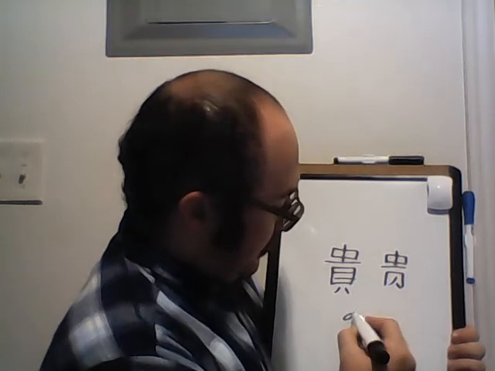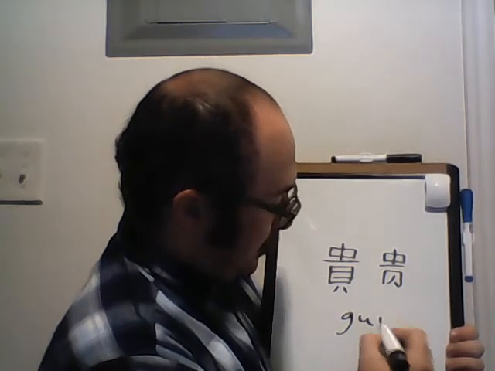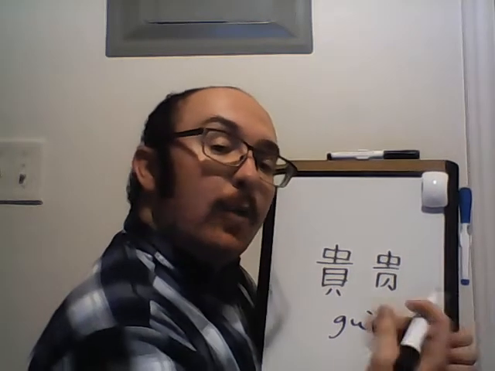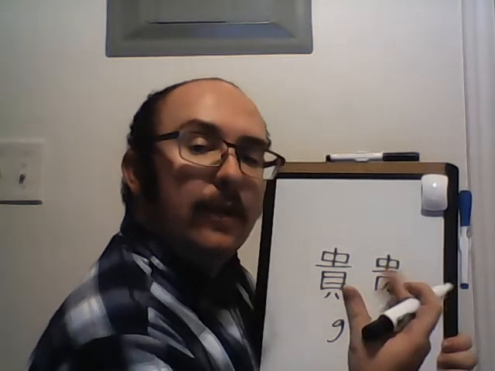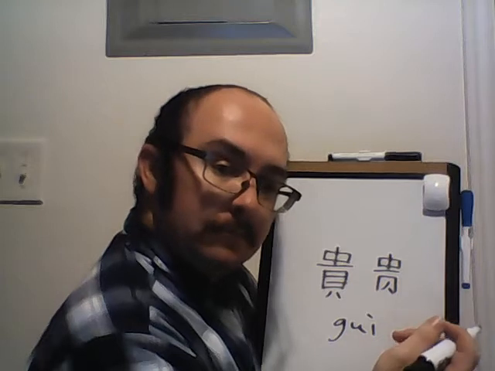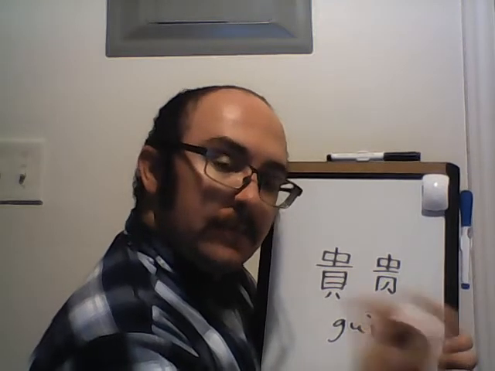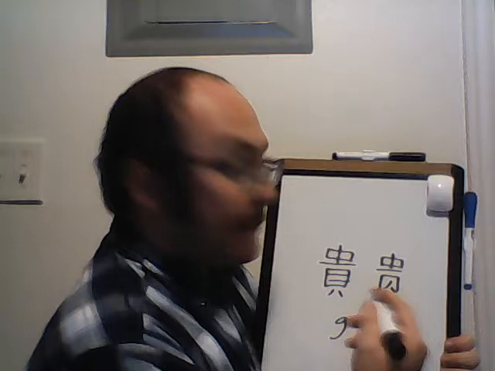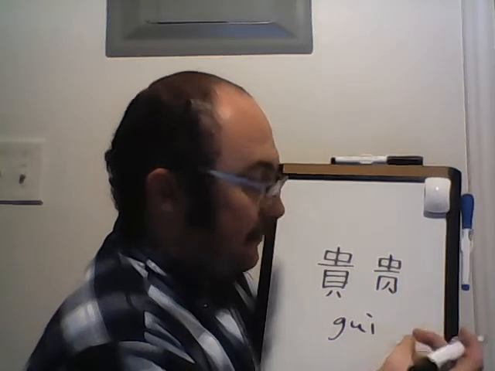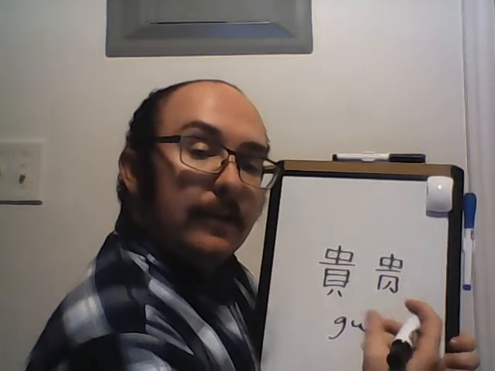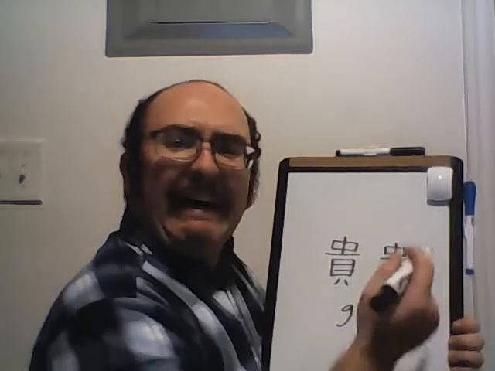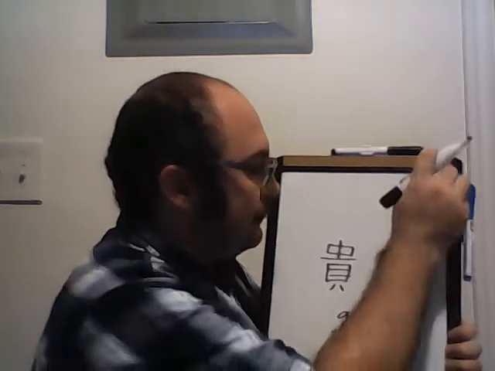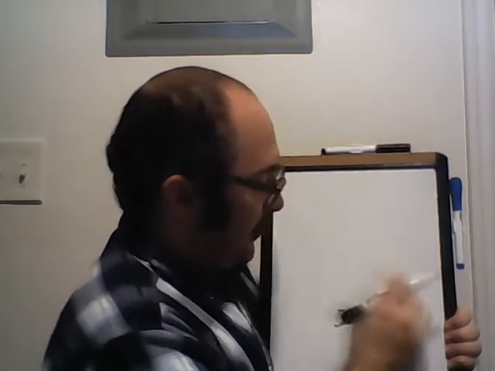It's pronounced gui. Gui means expensive or honorable. When saying something is expensive, you'll often hear 好贵啊. It's so expensive. 好贵啊. That's 贵.